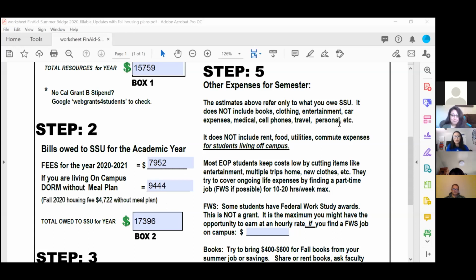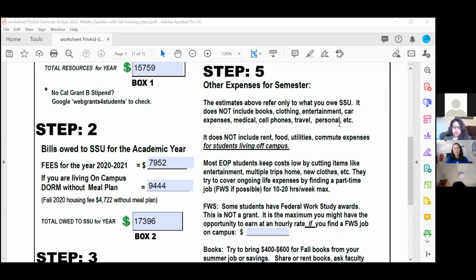Yeah, so if you don't see your EOP grant there, please do connect with your Summer Bridge advisor to let us know, right? And also you can connect with our financial aid representatives today between that 1 to 5 p.m. time slot. We try to make sure that all of our students have that EOP grant.